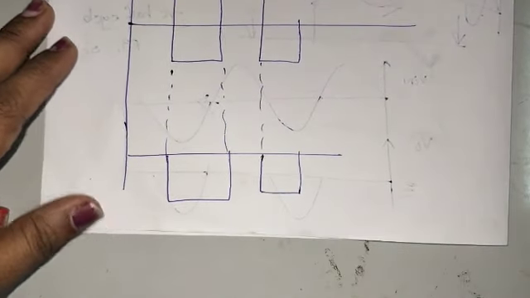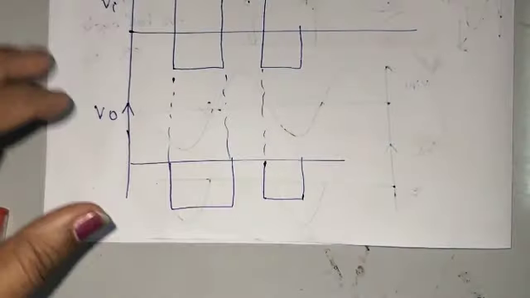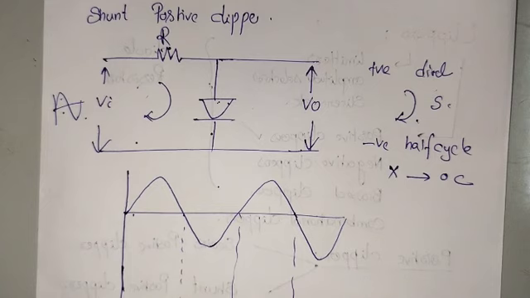This is V in and V0. So this is for positive clipper. Positive clipper means that it clips the positive portion of the input signal and delivers only the negative half cycle. Thank you.